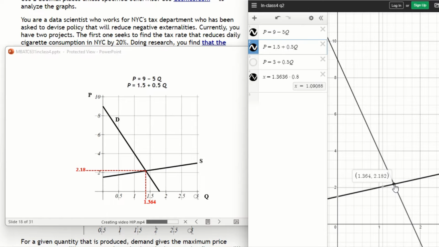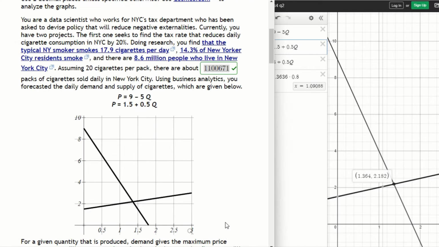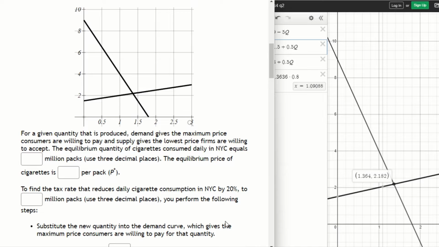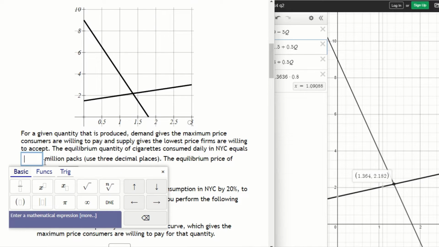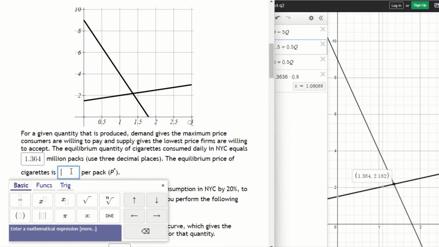The intersection of demand and supply is 2.18, right? 2 decimals, and 1.364. So let's go back to my problem here. So the equilibrium quantity of cigarettes is 1.364. The equilibrium price is 2.18.